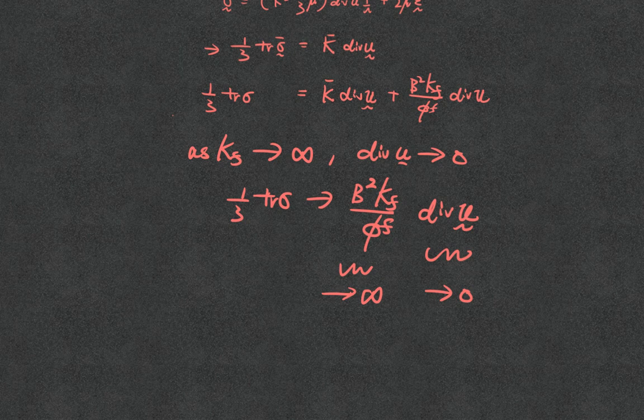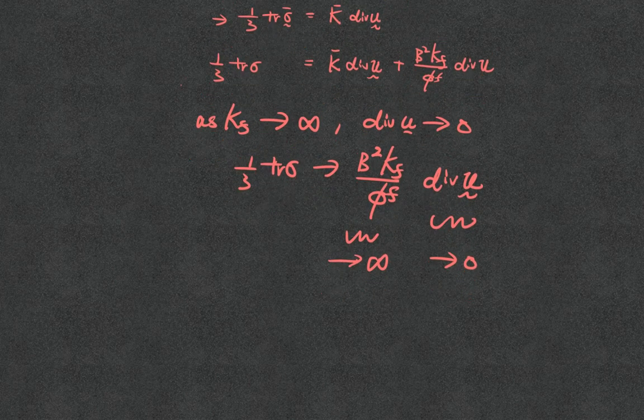So what is the difference between incompressible elasticity and an undrained system? In the compressible case, you can still compress the material a little bit. But if K_f goes to infinity and the water is trapped inside, then the whole thing becomes incompressible, at least according to the theory. If it's undrained, then the Darcy velocity equals 0, and your incompressible balance of mass is simply divergence of V equal to 0.